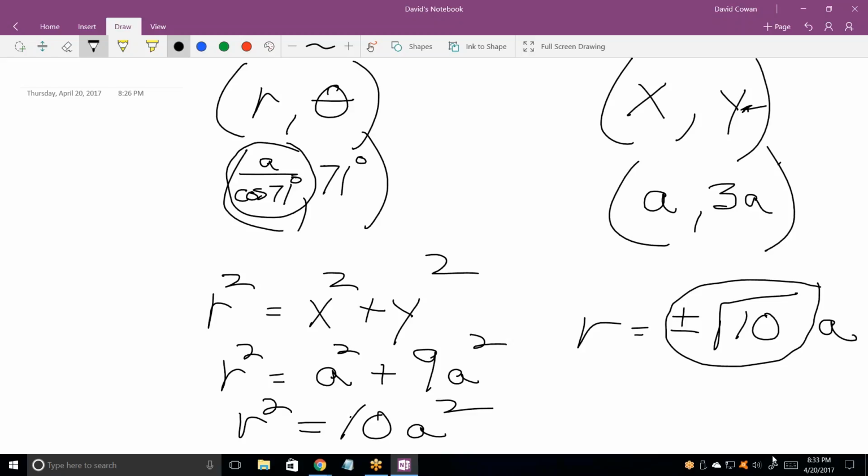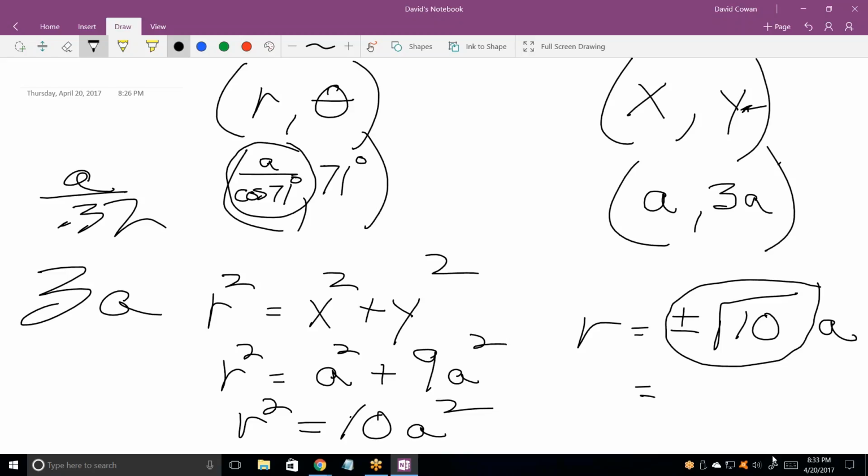The cosine of 71 equals 0.32, and yeah, you're going to get that same answer. Because you're going to get a over 0.32, and that's like 3a. Well, square root of 10 is real close to 3a.